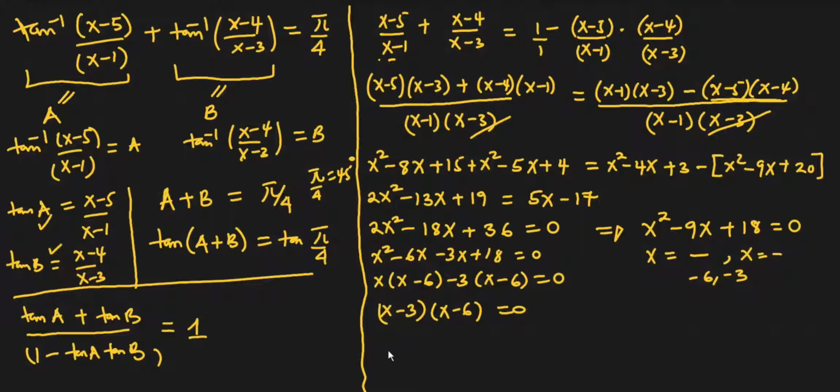So from here, we can see that x minus 3 is equal to 0, or x minus 6 is equal to 0, and so x is either equal to 3 or x is equal to 6. So those are the possible values of x. x can be equal to 3 and x can be equal to 6.